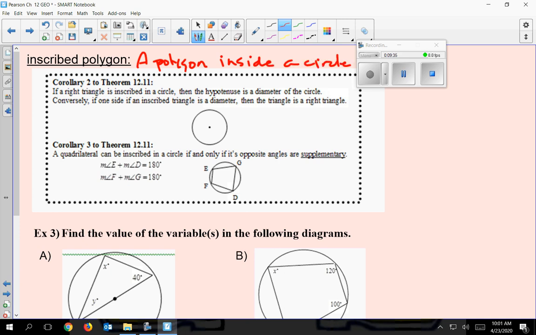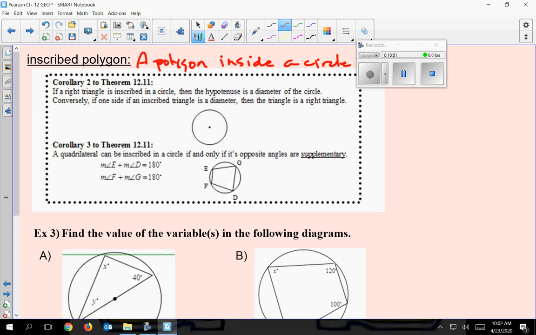So basically all the vertices of a polygon, so that could be a triangle, it could be a square, it could be an octagon, whatever, all the vertices touch the circle at different points, okay? All right, if you have a right triangle inscribed in the circle, the hypotenuse of that right triangle is going to be the diameter of the circle.